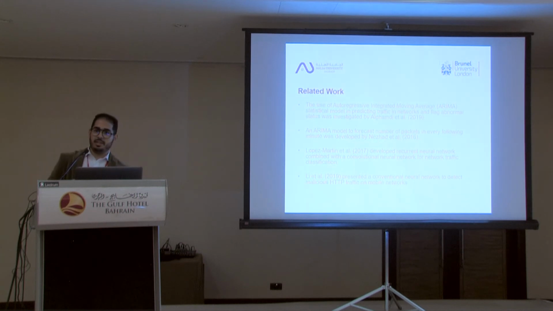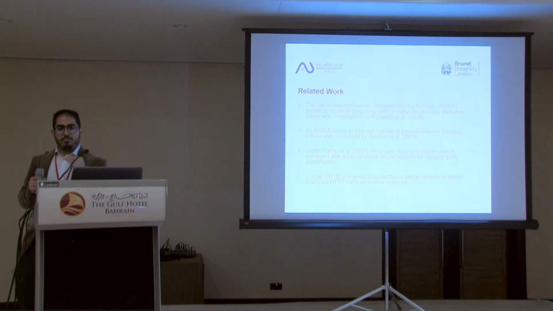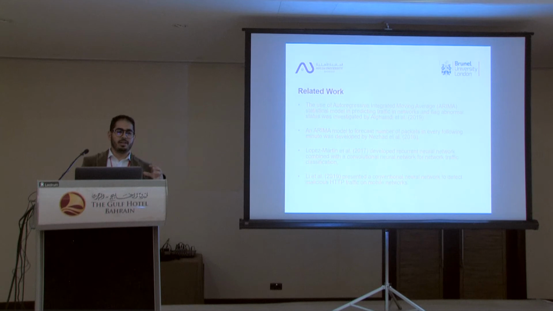Whereas in the literature review about artificial intelligence, it says that artificial neural networks can be used in traffic classification. So we have ARIMA that's good in predicting attacks in generic networks, and we have artificial neural networks, which is being used for network classification.